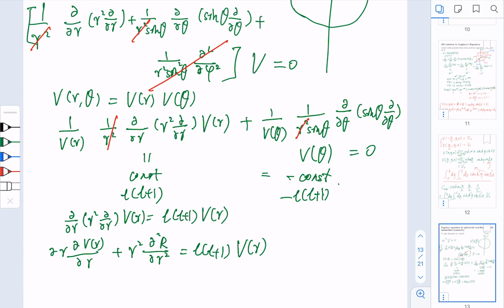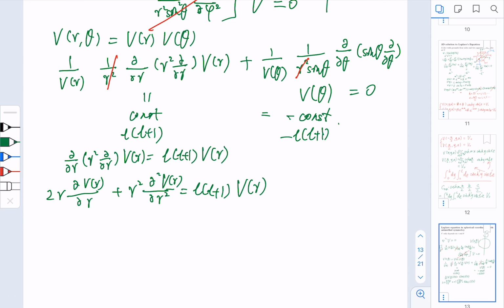So if that's the case, then the first one, applying partial r on r squared, gives twice of r. Let me be clear, so it's 2r, and then applying this partial on the right and skipping this r squared, that gives... okay, so this is the radial equation.